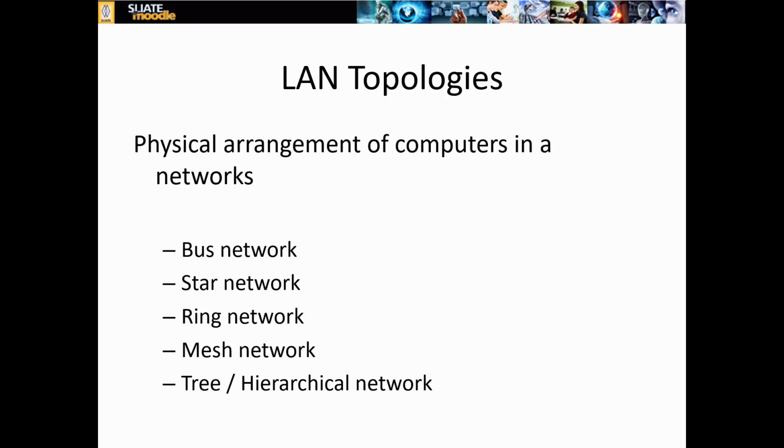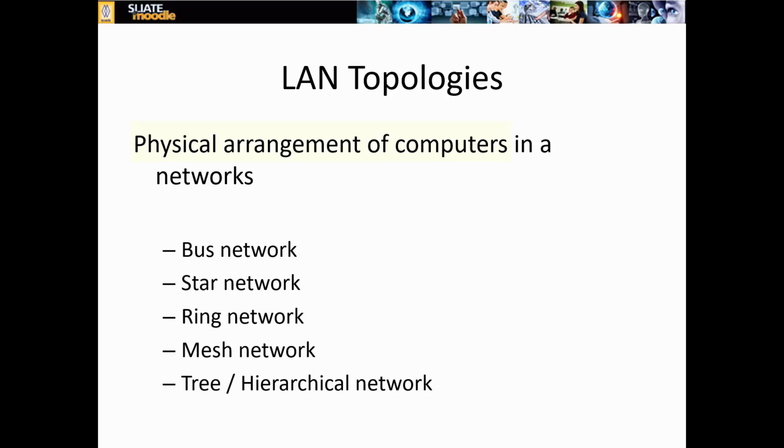And now we have come to another category of networks. Here we talk about the physical arrangement of computers within a network. When we talk about client-server model, peer-to-peer model, and work group, there we talk about the logical arrangement of computers.